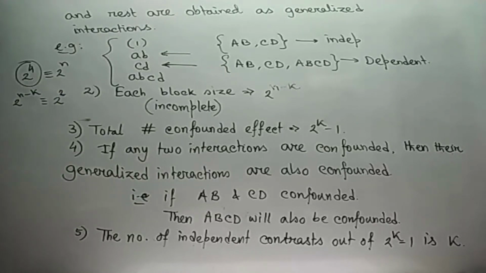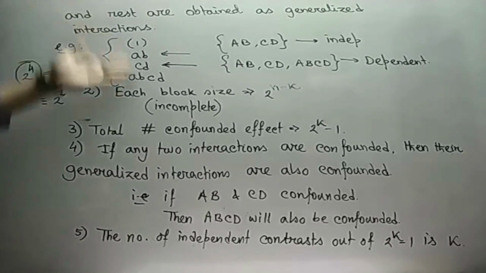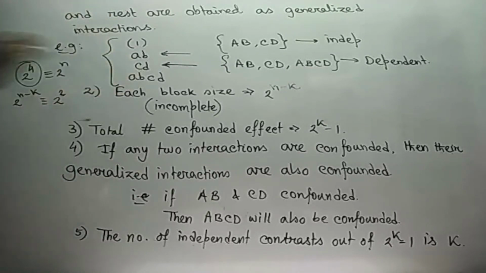As we know, 2 to the power n minus k is the number of plots in each block. So n minus k is 2 and n is 4, so k is equal to 2.